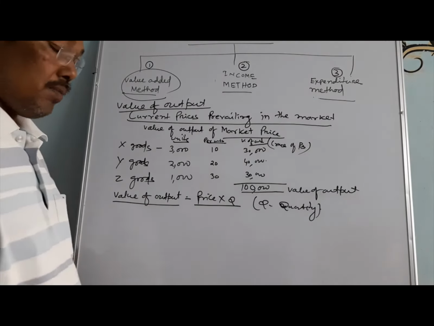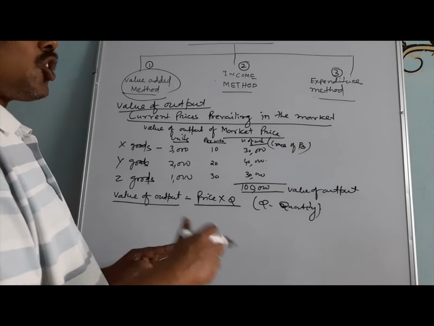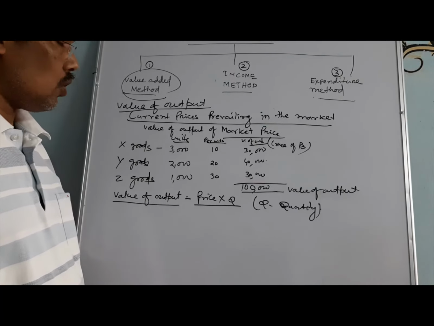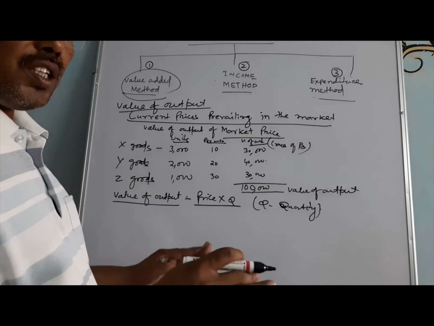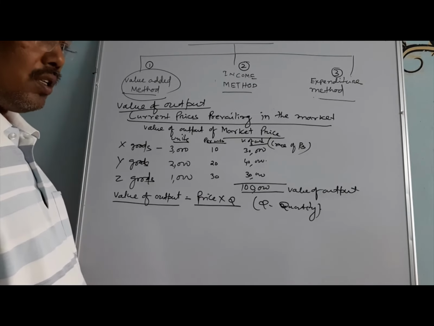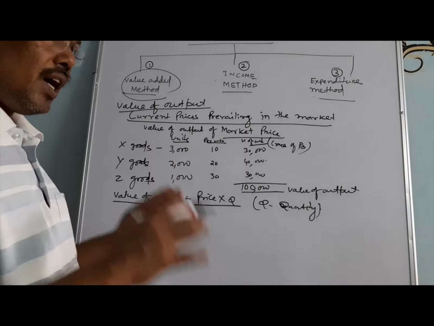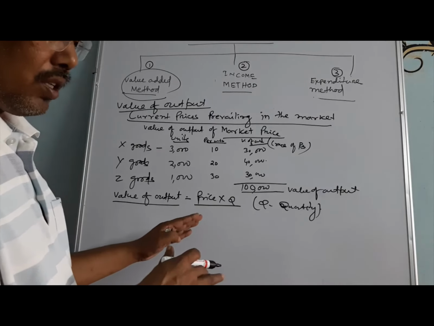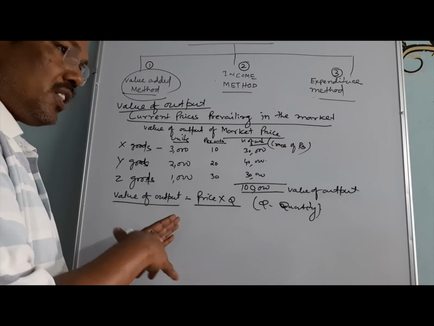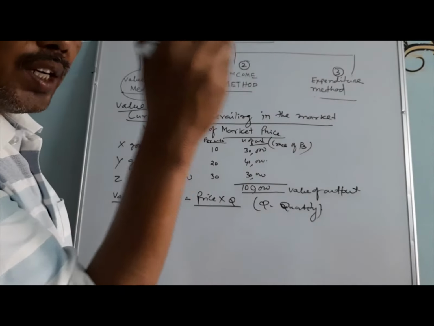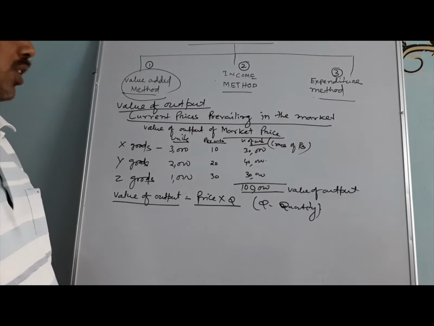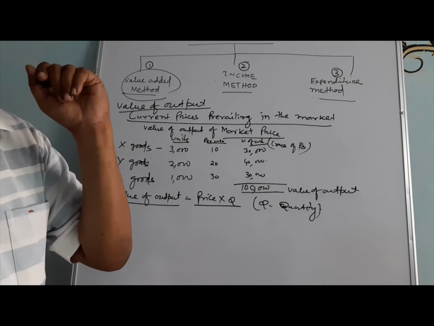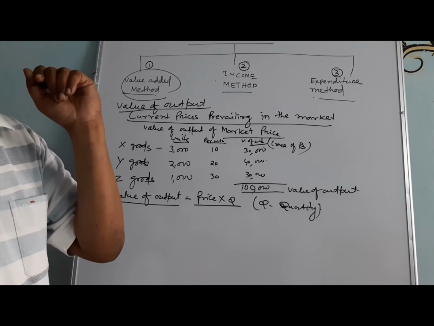Now the question comes, if all the quantities are not sold in that accounting year, then those unsold units remain and go to the next year. At that time, that will be called the opening stock of the next accounting year.